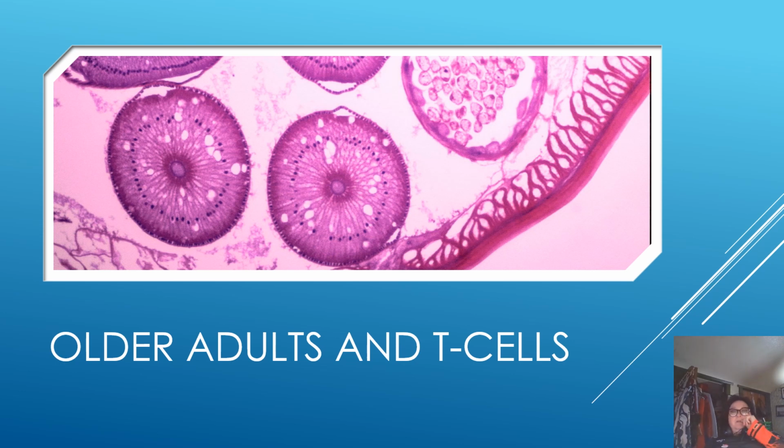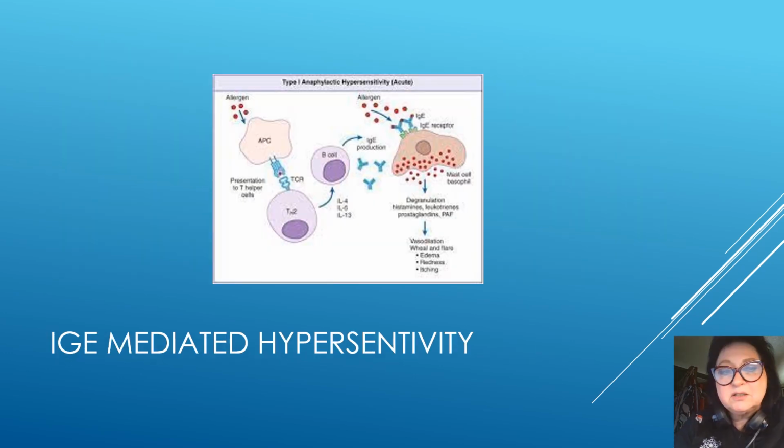But in the older population, they start to wane, and that increases their risk of developing infection. T cells are good at reducing infection. The only problem is in autoimmune disorders, it sees everything as an infection. So that's a problem with T cells in autoimmune disorders. All right.